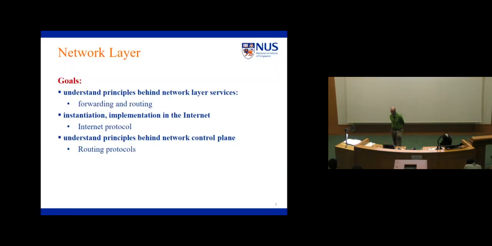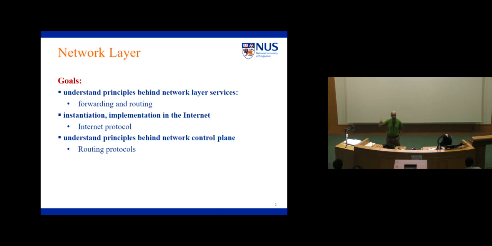As we have done for the transport layer, our goals here are similar. We would like to understand what some of the functionalities provided by the network layer are, what the principles behind those services are, and what the network layer is supposed to give us.